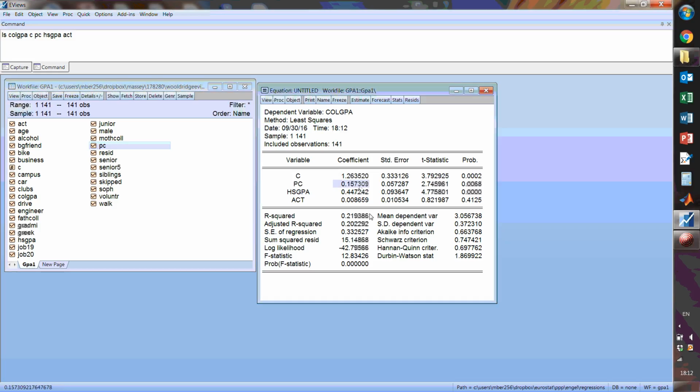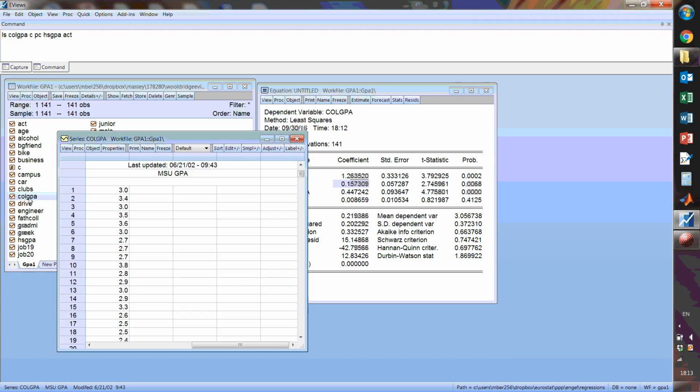And we see that the college GPA increases for people who own a PC relative to the base group of non-owners of the PC. If you own a PC, your GPA increases by 15 points, or 0.157. The college GPA variable is out of 4.